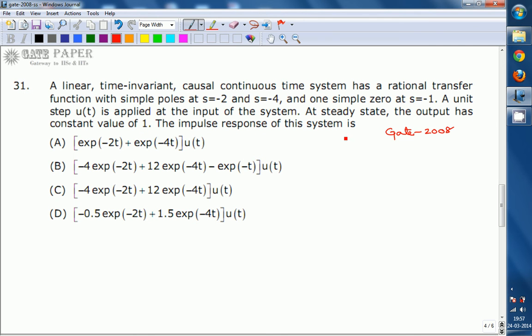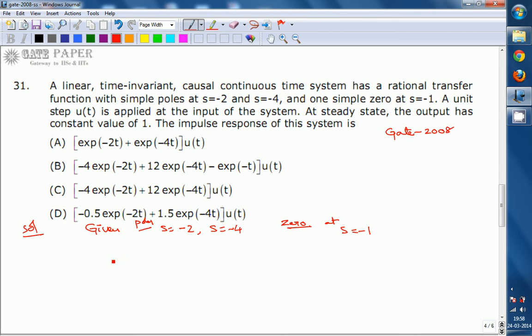So here given that, coming to the solution, we have poles at s equals -2 and s equals -4 and we have a simple zero at s equals -1.